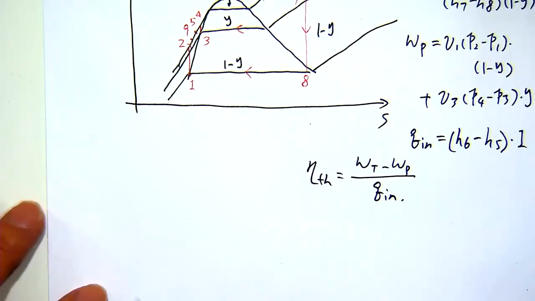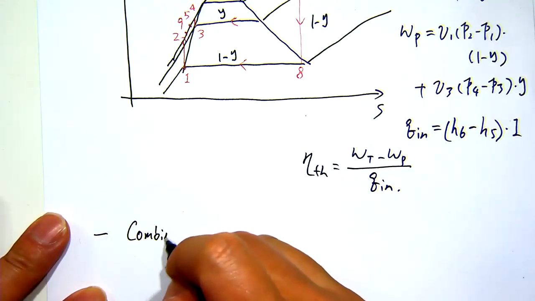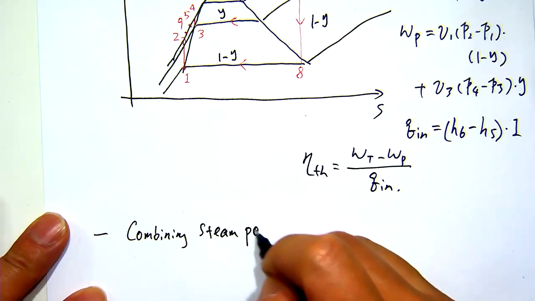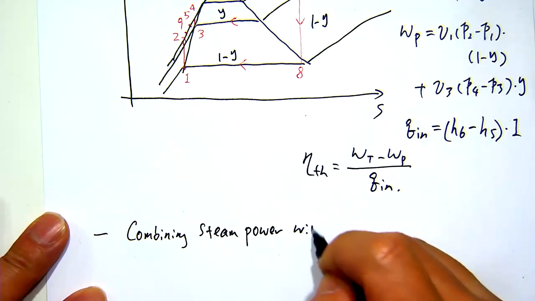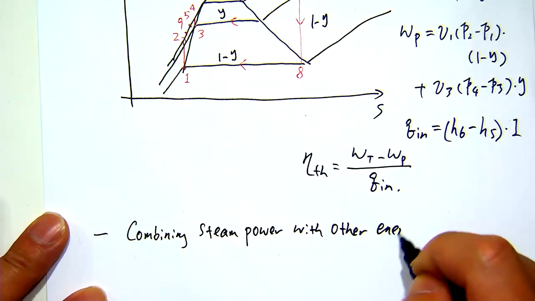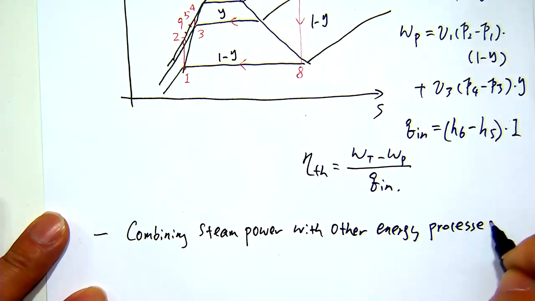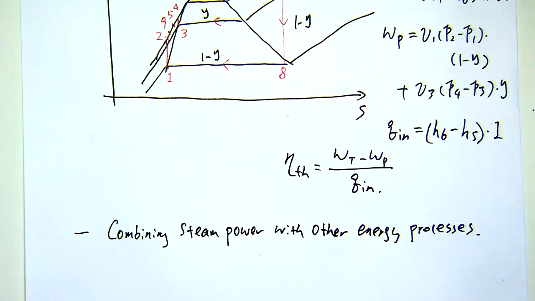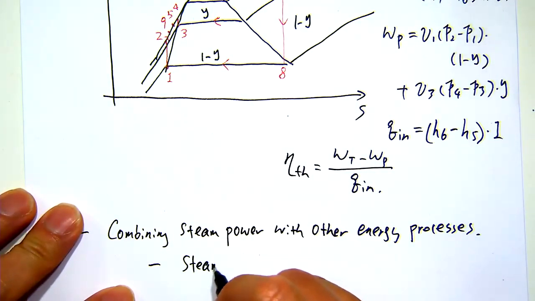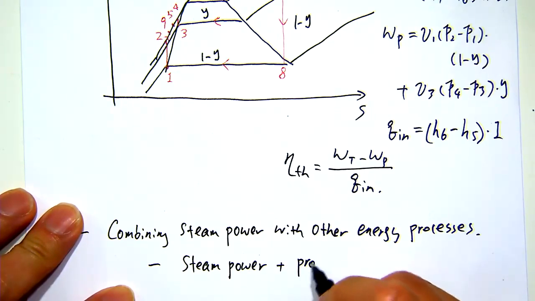All right. So combining, one of them is to combine the steam power with a process called process heating.